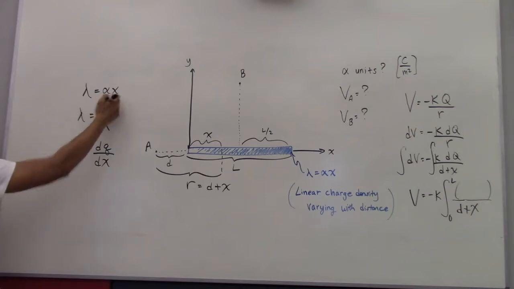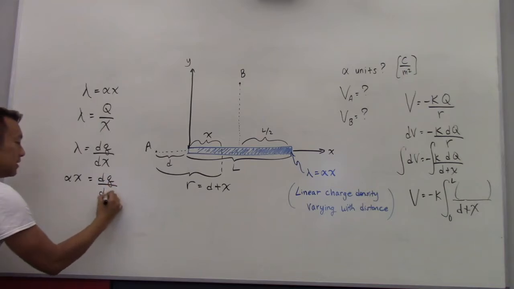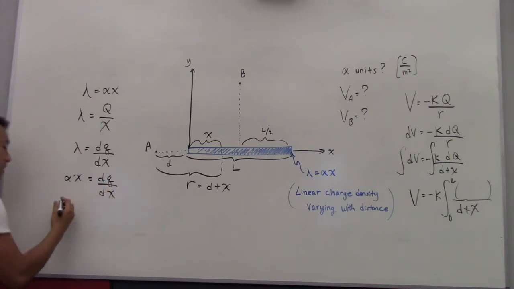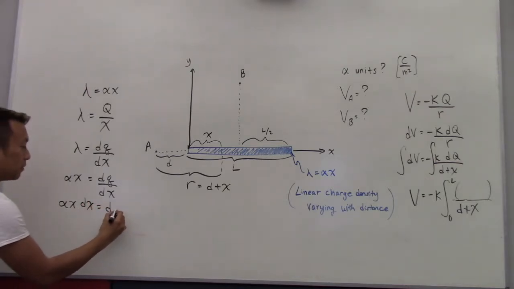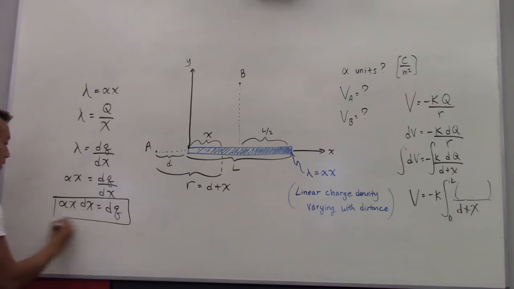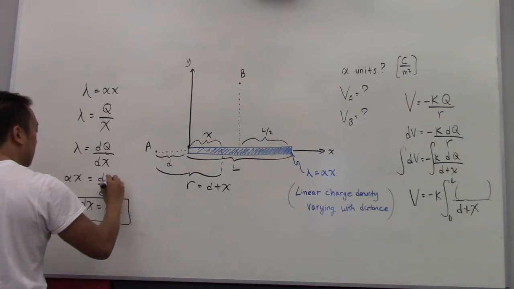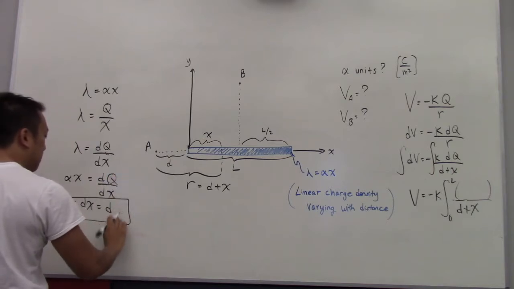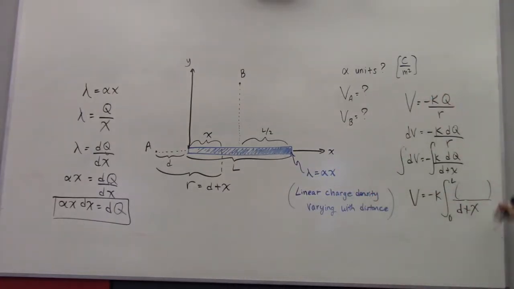Now, lambda is alpha x, so alpha x equals dq over dx. Multiplied by dx over here, alpha x dx equals dq. I guess I should have used a capital Q, but that doesn't really matter. Now I can plug in my dq. It's going to be alpha x dx. That's going to be the voltage at A.